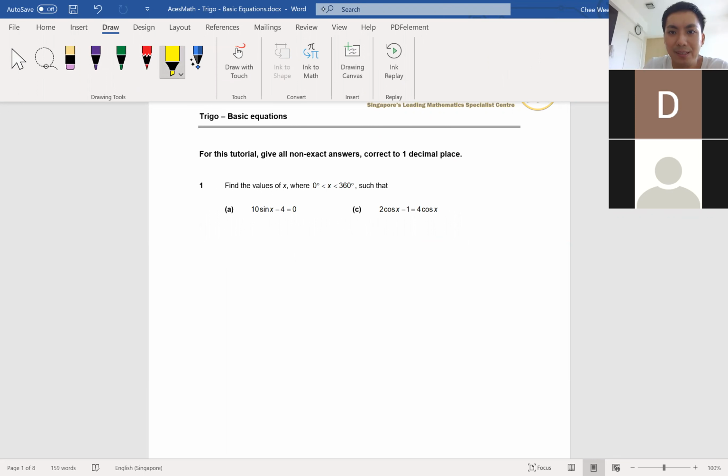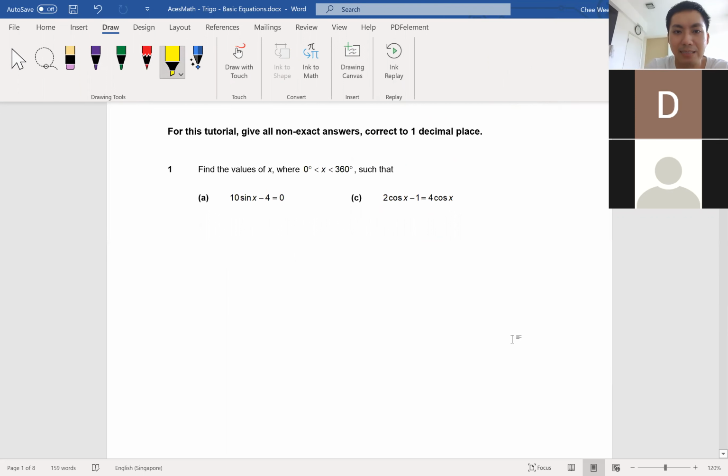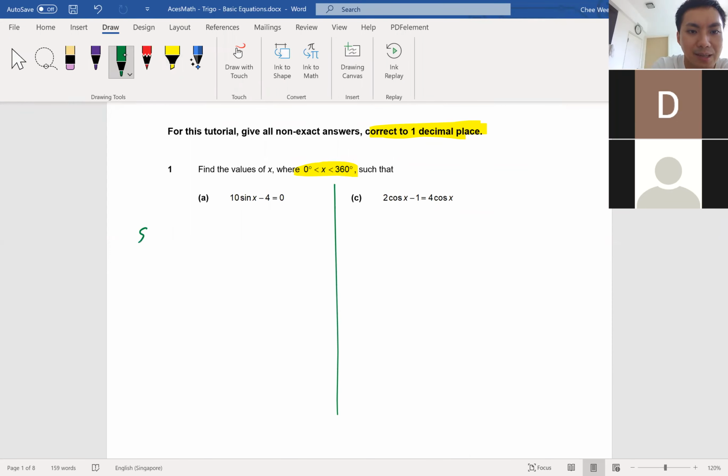Okay, if you look at these two questions, you will first realize that the measurement is in degrees, not radians, and they want it to 1 dp, all right? So the first one is easy. You will just say sine x is equal to 4/10, which is equal to 2/5.